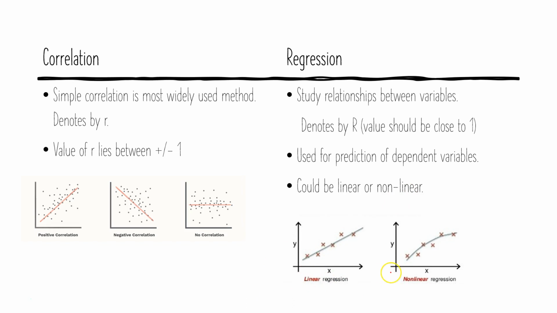In a linear regression, the two variables are going to produce a perfectly linear line with a regression value close to 1. In a nonlinear regression, it could be a polynomial or logarithmic equation. You would see a logarithmic curve with the regression value close to 1 and a polynomial equation to go along with it. So it doesn't have to be linear, it could be nonlinear as well.